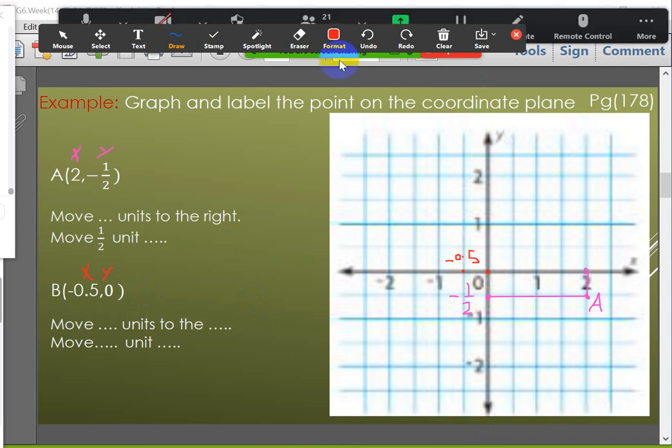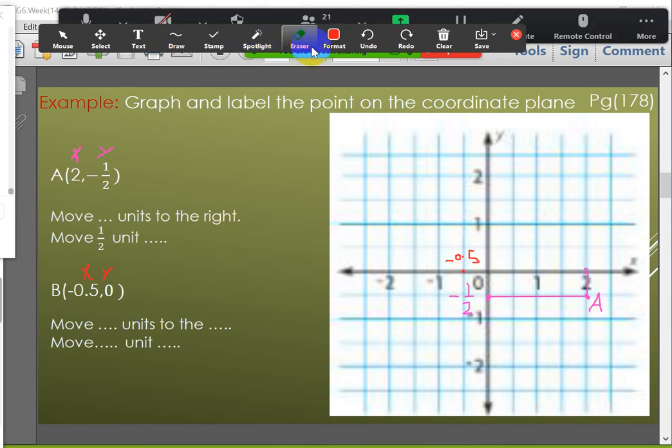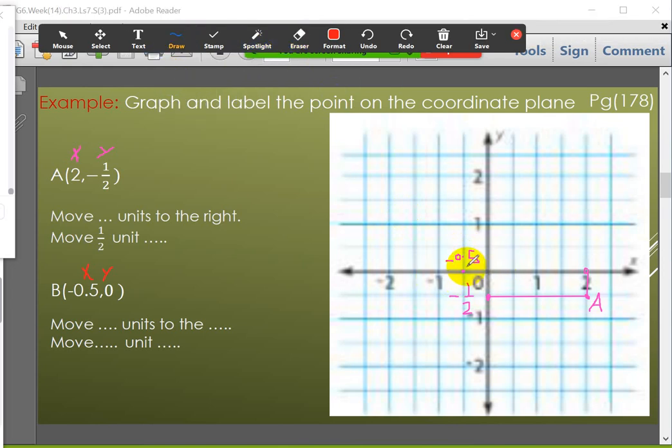If I take a line from 0 and a line from -0.5, no need to do that. Why? Because when the y is 0, that means this point will be located on the x-axis. That means this is B, at negative 0.5, because the y is 0.